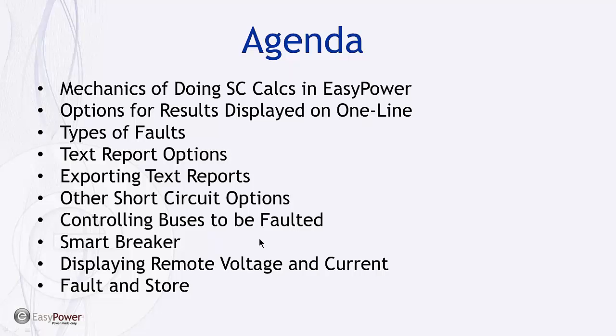We'll talk about the types of faults you can do in the program. And we'll look at the text reports, options for that, and how you can export the text reports into Word or Excel.